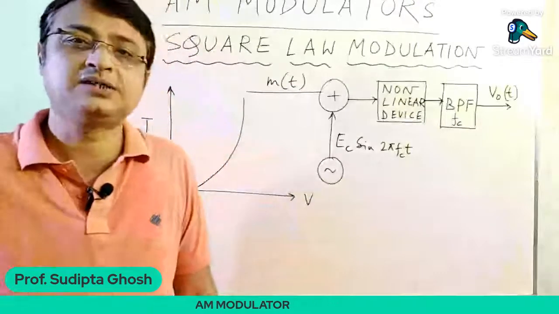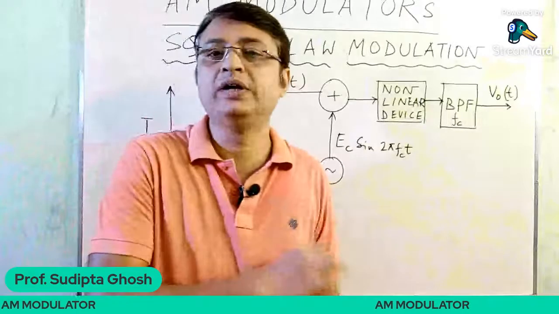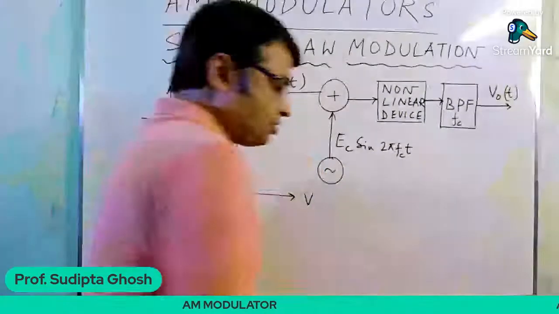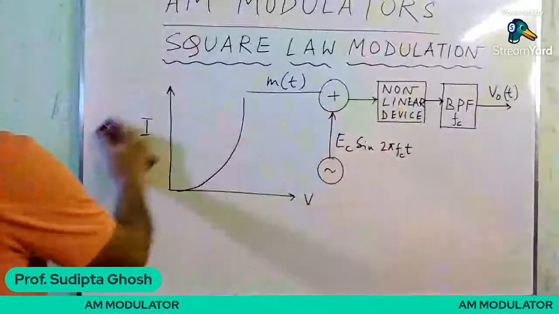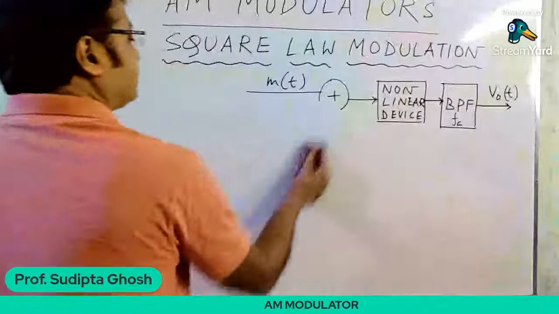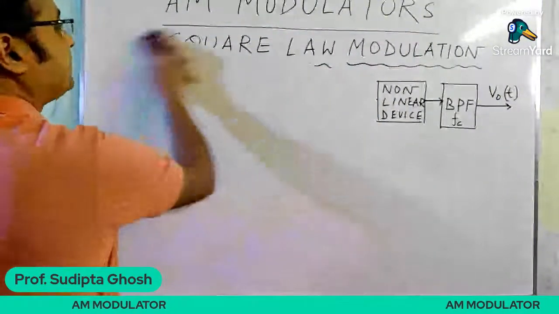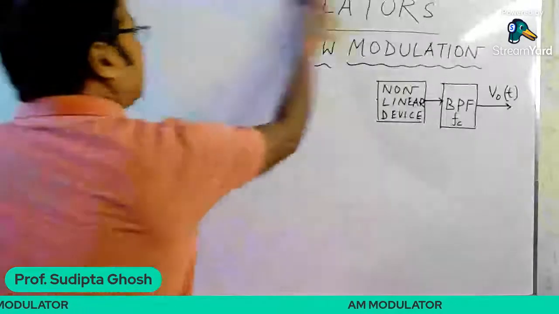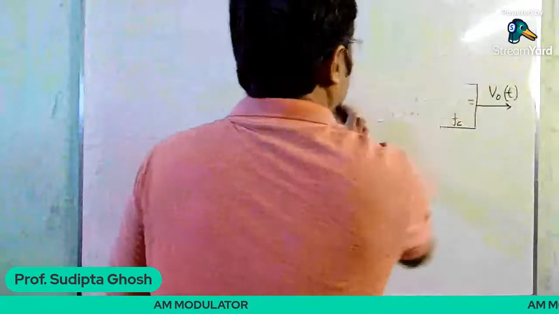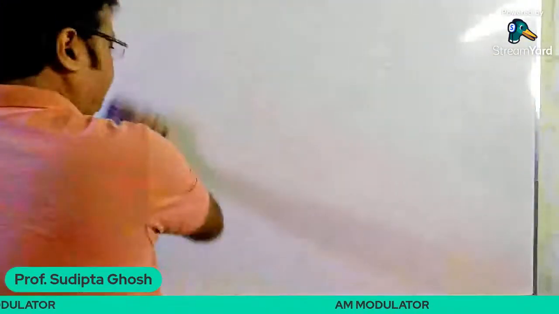So now let's move on to derive how this works, and we will explain it by mathematical calculations. First of all, let's take one information signal as m(t), and the carrier wave, as I have shown here, Ec sin 2πfct.